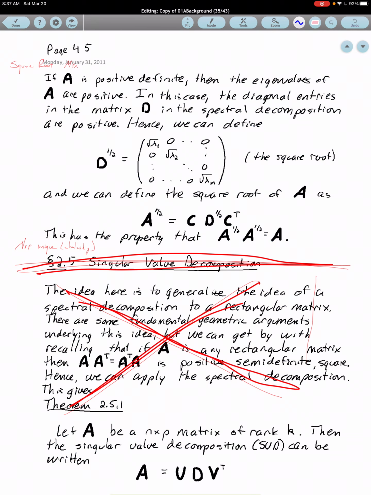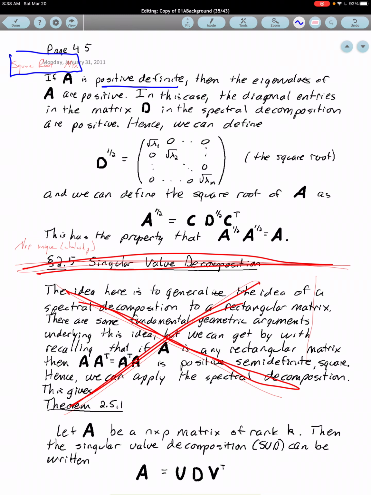And then we can use our spectral decomposition to find a square root matrix. Previously we were talking about the eigendecomposition of a symmetric matrix. Symmetric was important because the eigenvectors are orthogonal. If we further say that A is now positive definite, the eigenvalues are going to be positive.